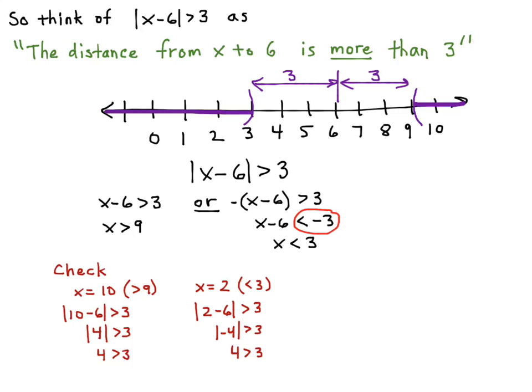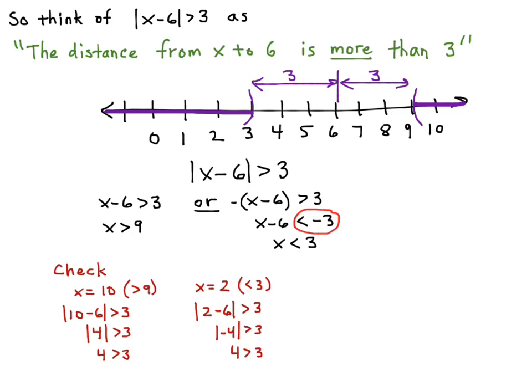Same thing on the right side. If I put in a 2, which is less than 3, I'm going to ultimately get 4 is greater than 3. So my solutions are, well, now I'm talking about left and right that are mixed. The x is greater than 9 gives me the interval that's on the right on the number line, and the x is less than 3 gives me the interval that's on the left on the number line. So go back to the original equation where you have this greater than 3.